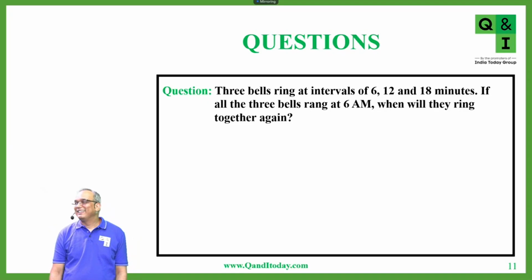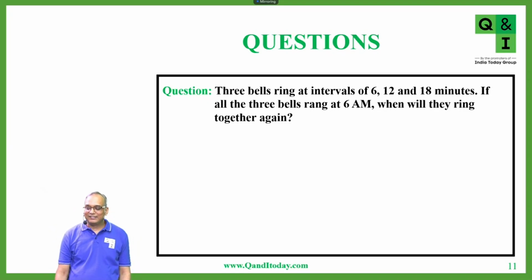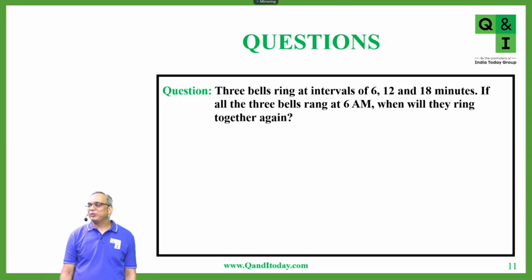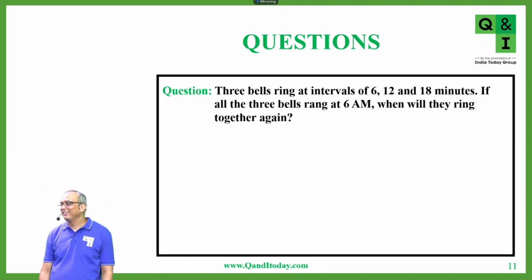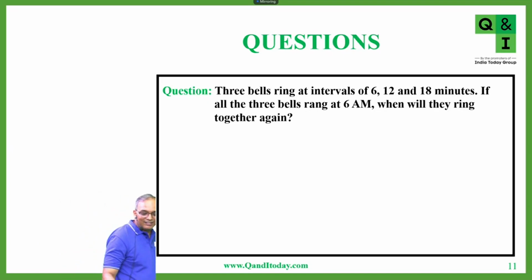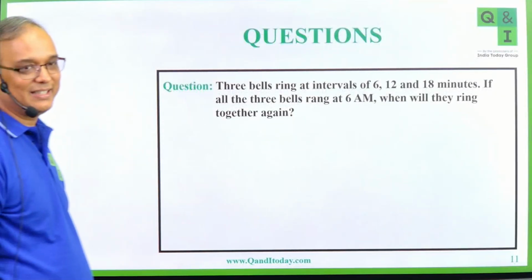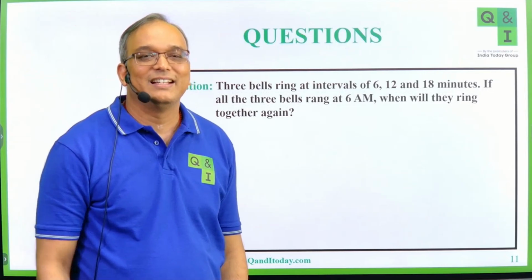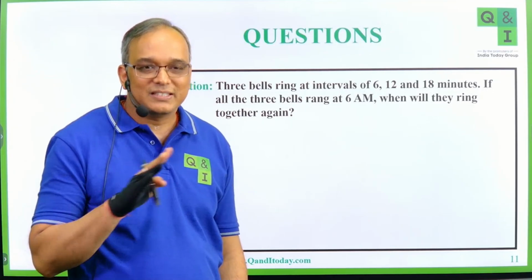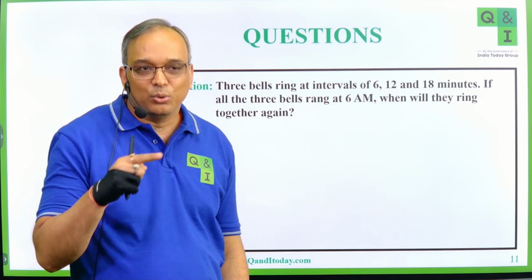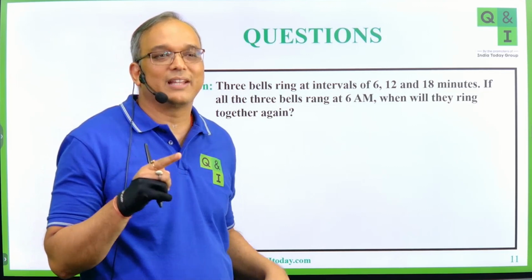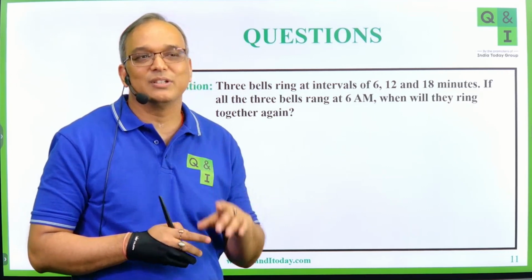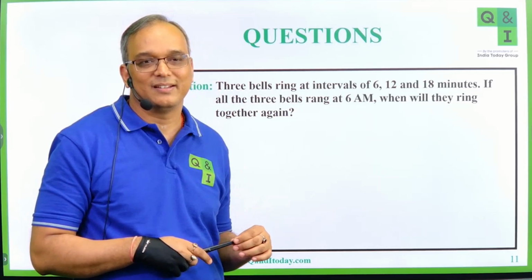Ragul, think over it once again. What is the LCM of 6, 12, and 18? See, knowing the answer is one thing, solving it correctly is another thing. So first read the question properly. Do check your calculations once you have calculated, so that if there is a calculation mistake, you can correct yourself.